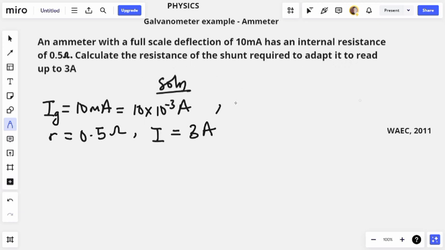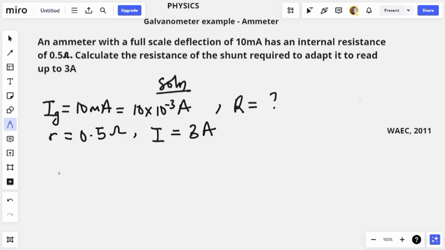So we have to find the resistance of the shunt. That means the resistance connected in parallel to the galvanometer. What is the value of such a resistor that we're going to connect in parallel for our ammeter to be able to read up to 3 amps?